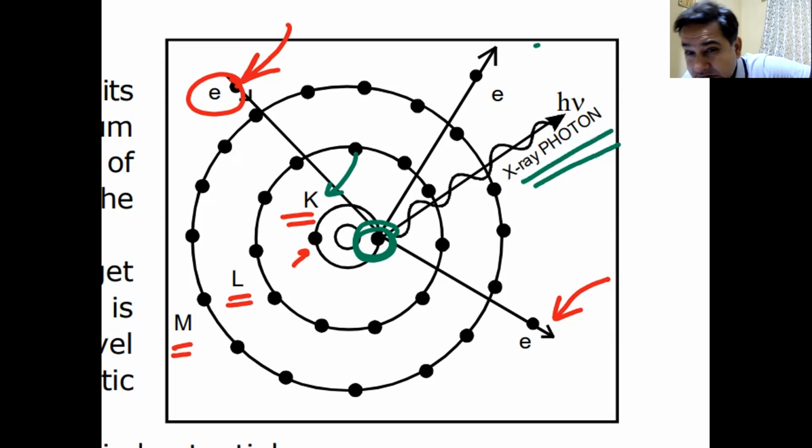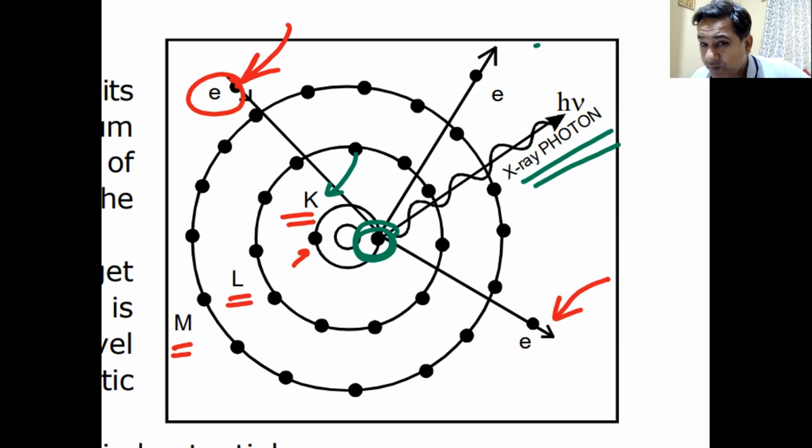So in characteristic X-rays, electrons are going to strike the shell electrons, and those electrons are going to get knocked away. When they get knocked away, the difference in energy between the two shells, that much amount of energy will be going out in the form of X-rays.